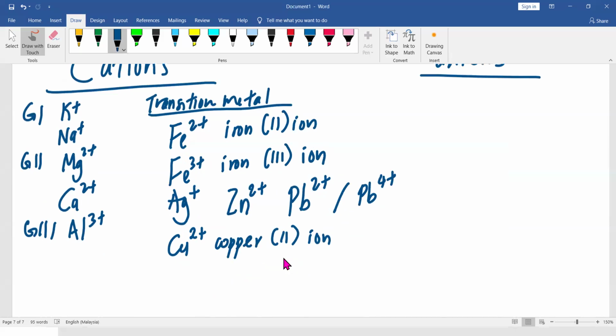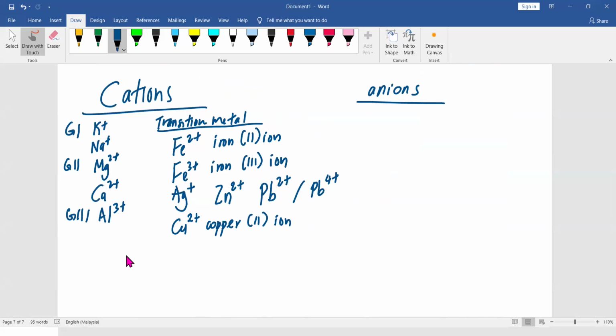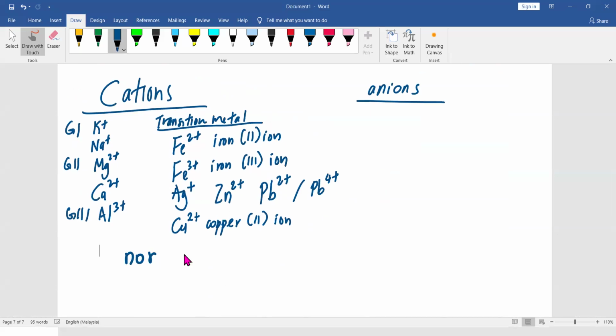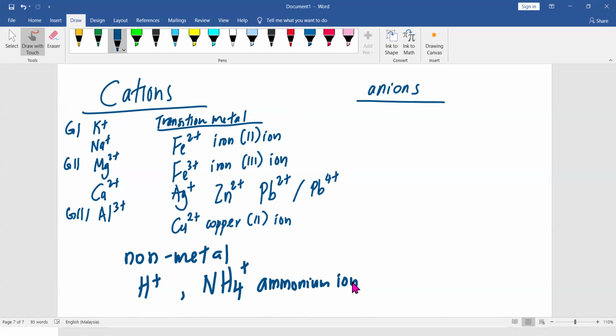Then there are special non-metal positive ions: the hydrogen ion, and NH4+, the ammonium ion.